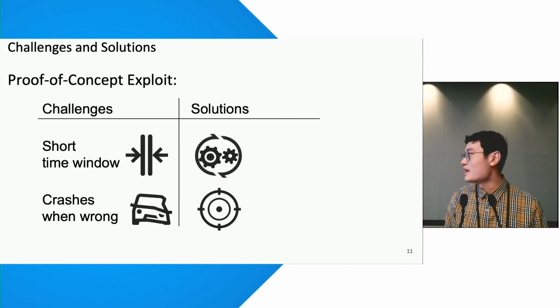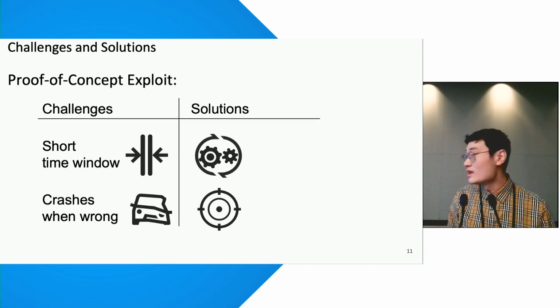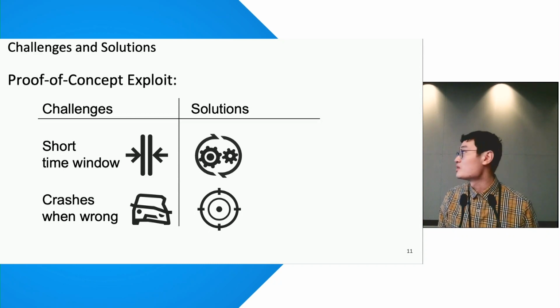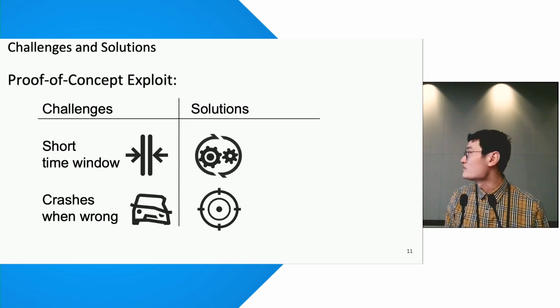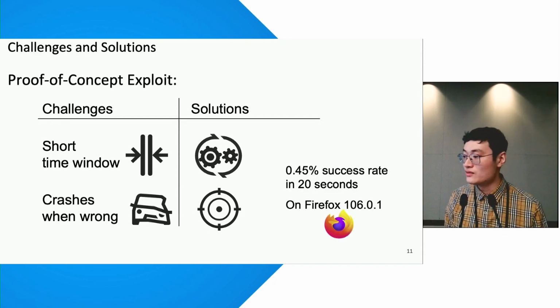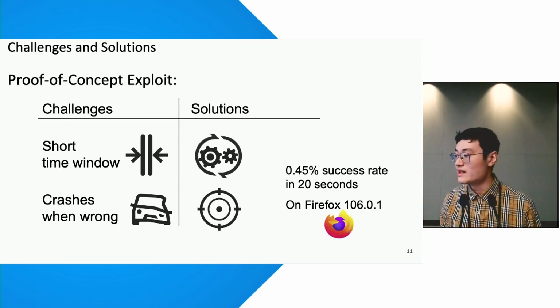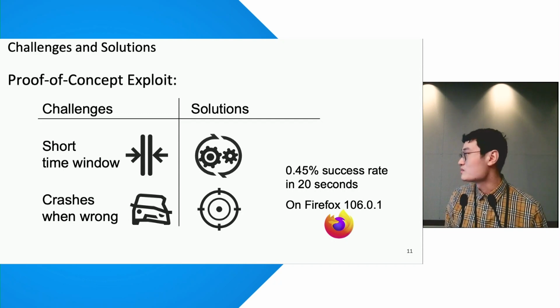We overcome this by checking the stack content before we do the overwriting. You can find more details in our paper about the challenges and the solutions. Finally, we achieved a success rate of 0.45 in 20 seconds when we exploit the latest Firefox.